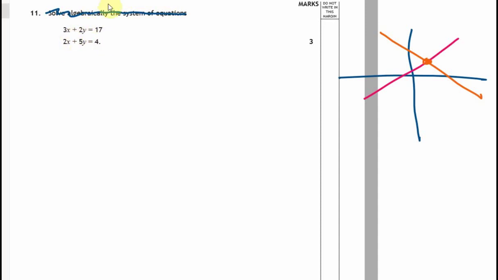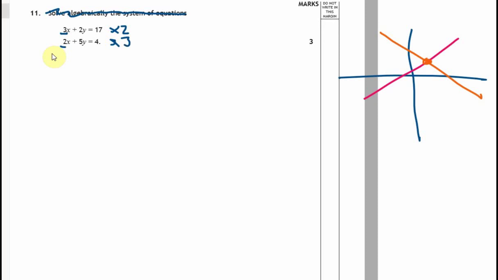So the first thing you want to do is, we've got two variables, so we want to get it down to one variable. I can't solve that right now, I can only solve one variable. So I need to get rid of an x, or I need to get rid of a y. The easiest thing to do is to multiply by the opposite coefficients. I've got 3x and 2y, so I'm going to times this by 2 and times this by 3.